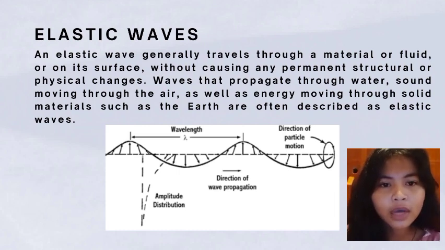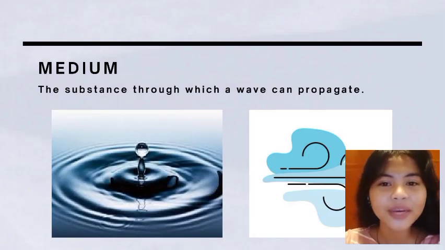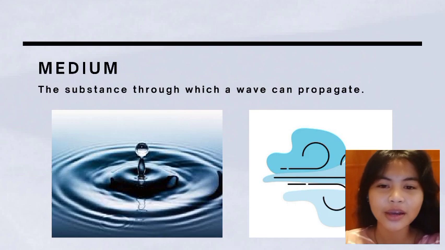So if the three waves are elastic waves, what are water, air, and earth known as? These are called the medium, or the elastic medium. What is a medium? A medium is the substance through which a wave can propagate.